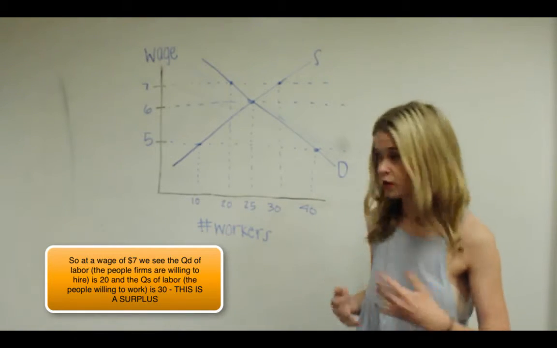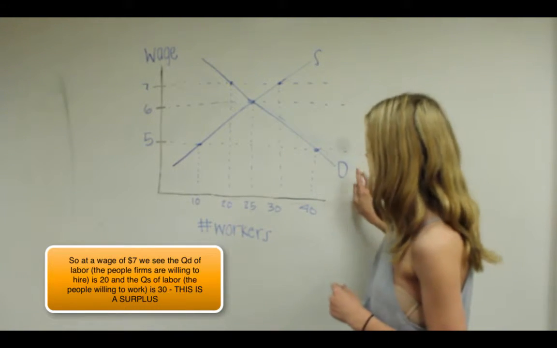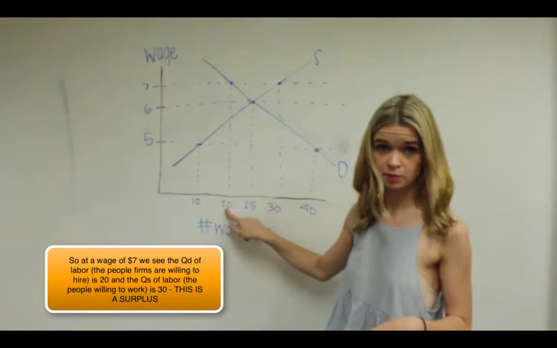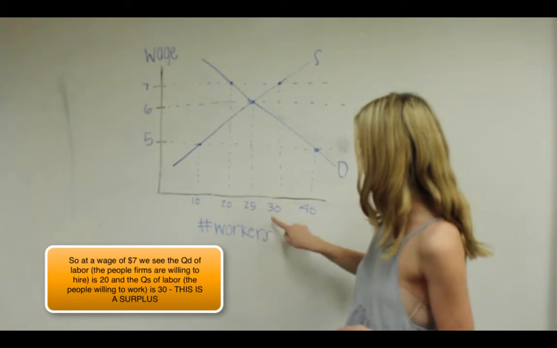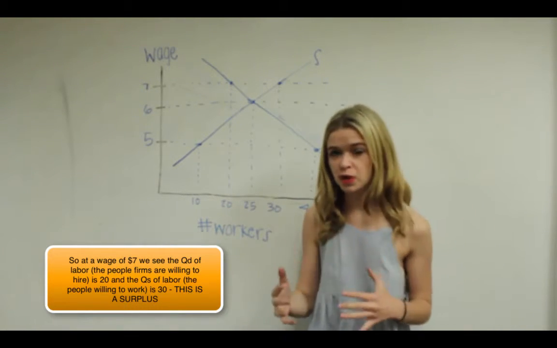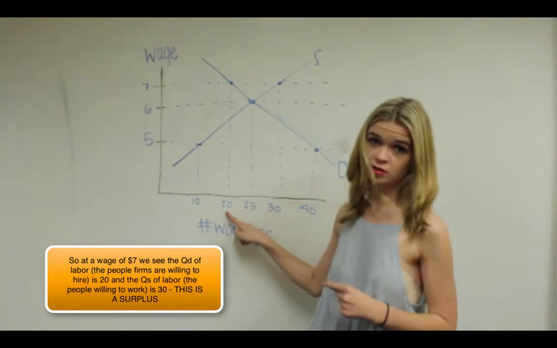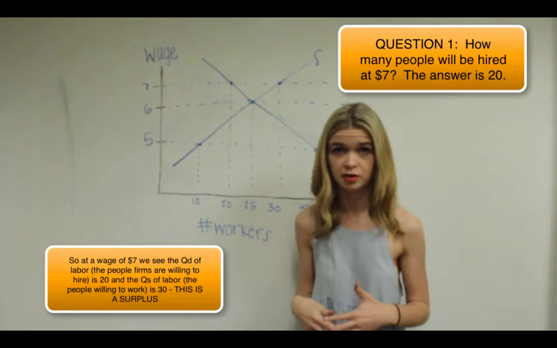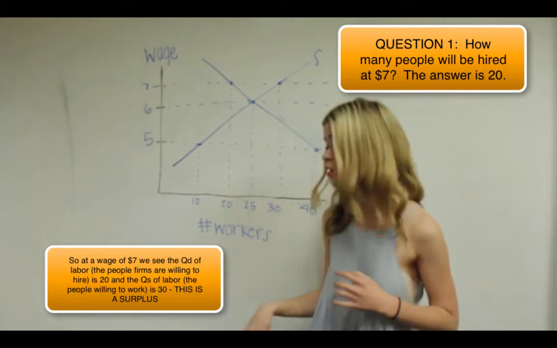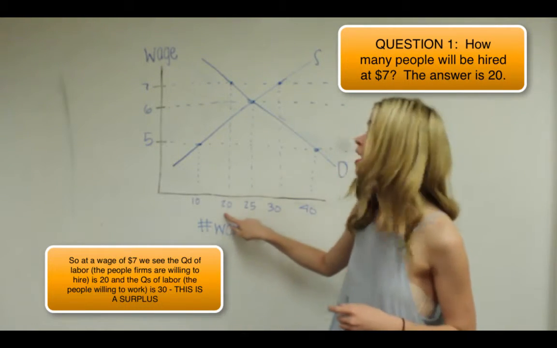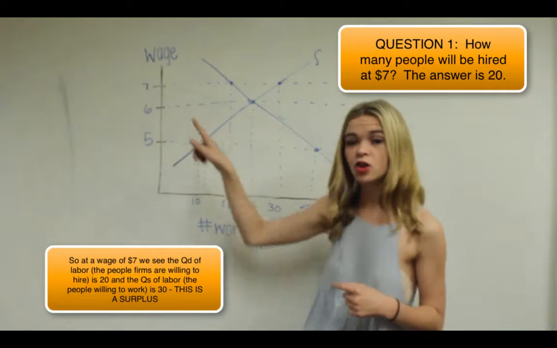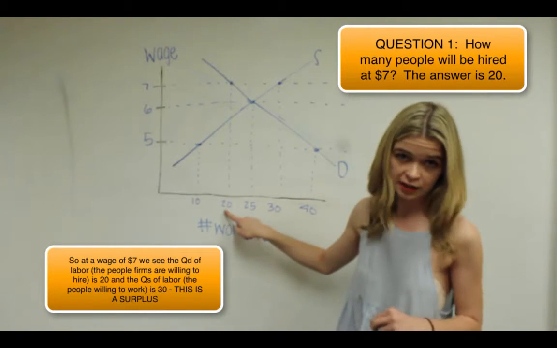So what does this mean? If there's only a labor demand for 20 people, but a labor supply of 30, it means 30 people are essentially applying for 20 positions. So how many people are hired? There are only 20 positions, so only 20 people are hired. At a wage level of 7, we have hiring of 20.